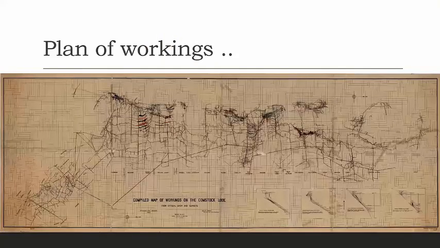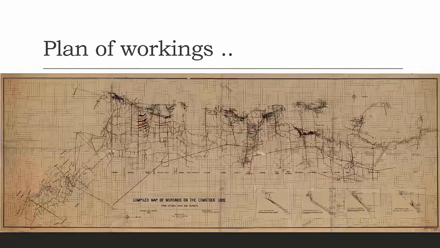Taken from the UNR library is this wonderful plan. There are others belonging to the US Geological Survey, plans of the Comstock, but this one was complete to 1910, so it had a few more workings on it than some of the earlier ones. The squares on it are drawn at 100 feet intervals, which gives you an indication of scale, of how long on strike the mines are.